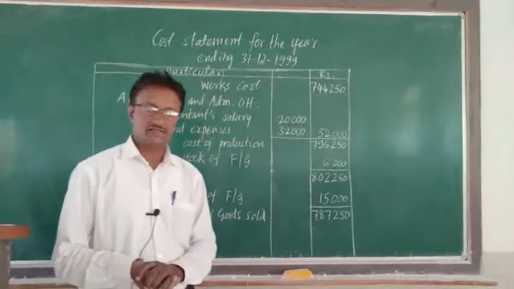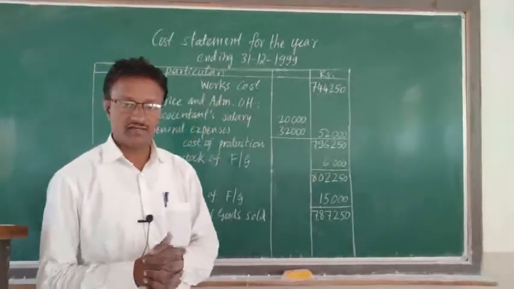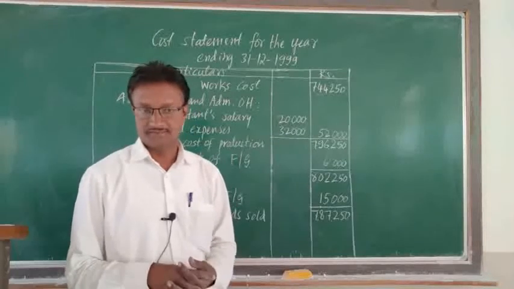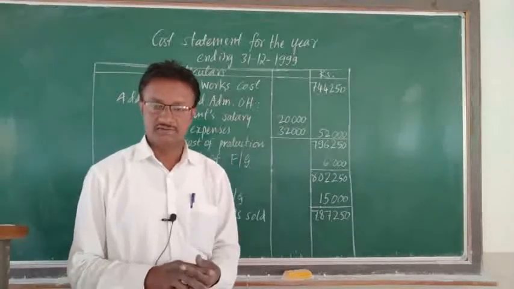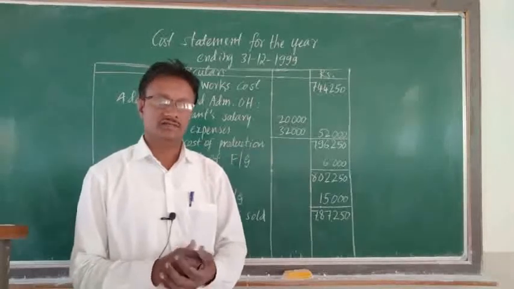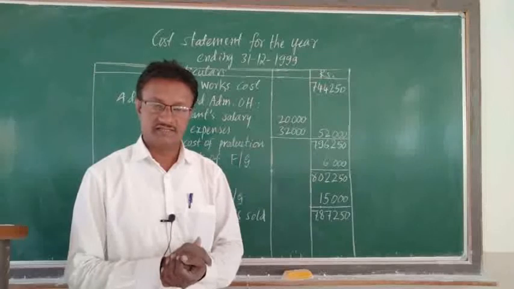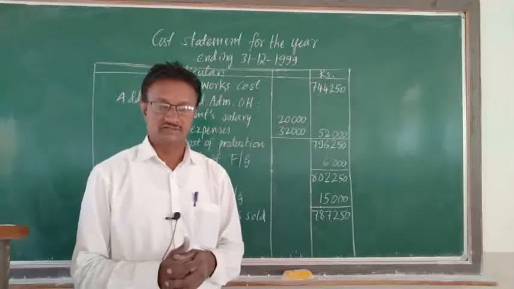To this cost, next we have to add the last overhead, that is selling and distribution overhead. After adding selling and distribution, we get cost of sales or total cost. It is compared with sales, and profit or loss is ascertained.